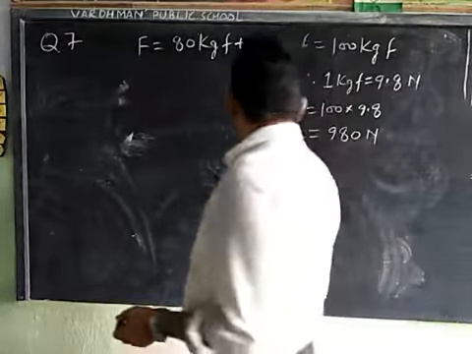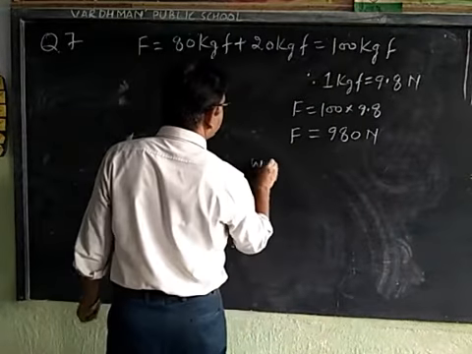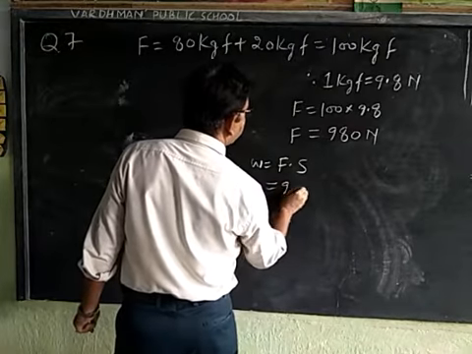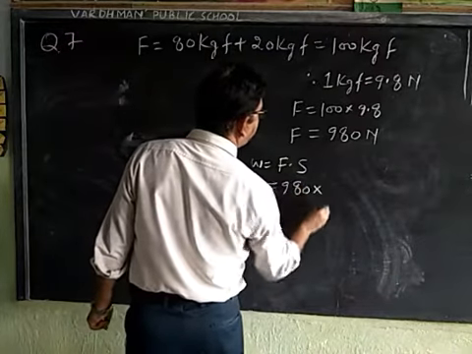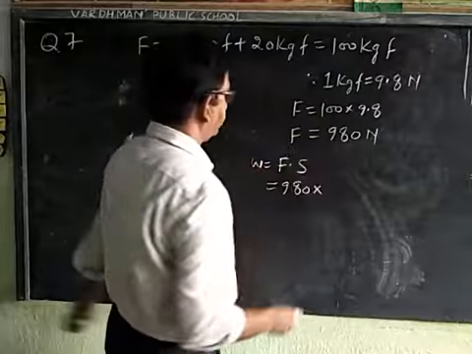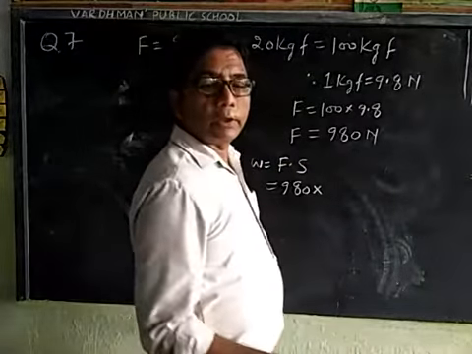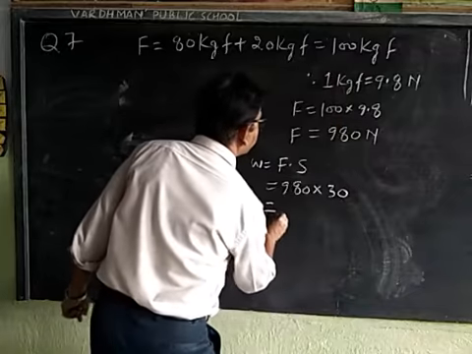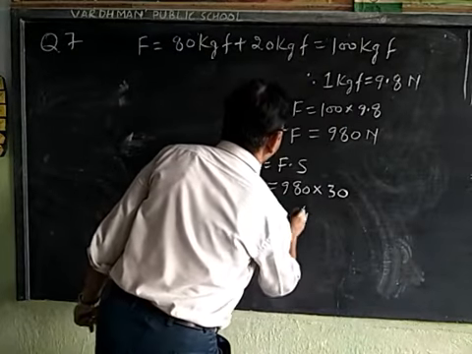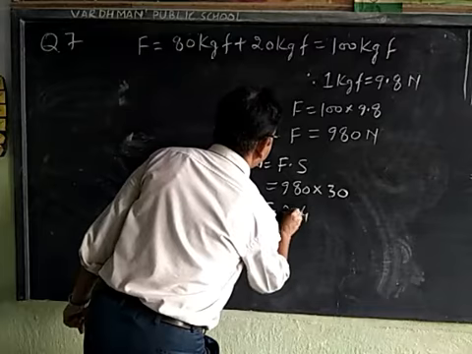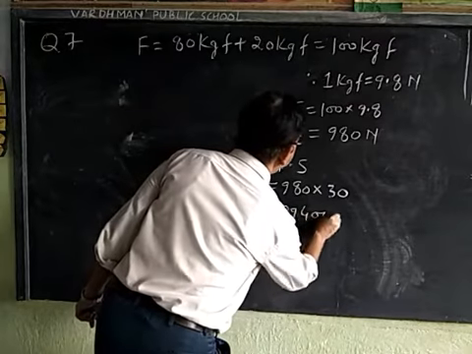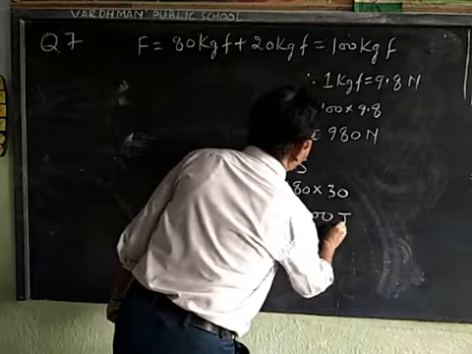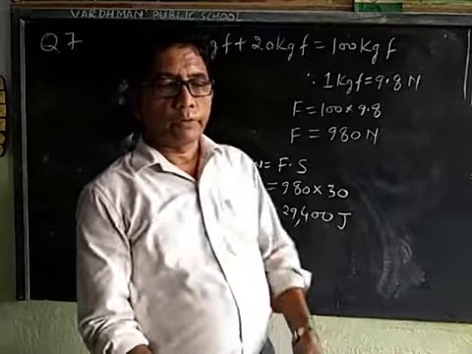Now we know W is equal to F into S. Force is 980, height is 30 meter. Then it becomes 29,400 joule.